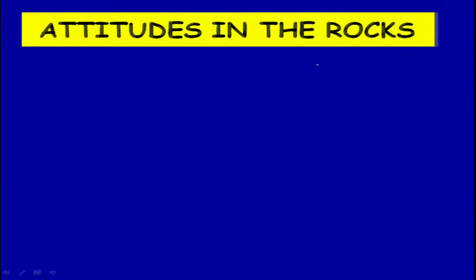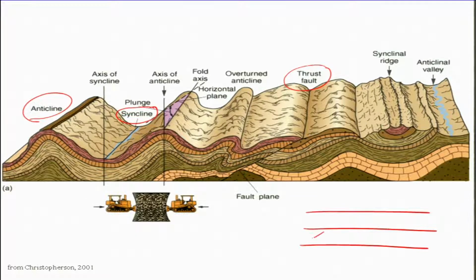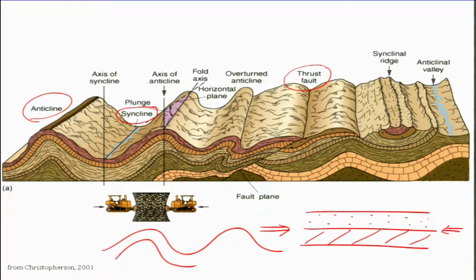So, attitudes in the rocks: as soon as you deform any rocks, because usually it is a thumb rule that all deposition of material takes place in a horizontal fashion. So you have these layers deposited, and when you deform them, you will see that they are folded. This is what you see in the sketch shown on the top.